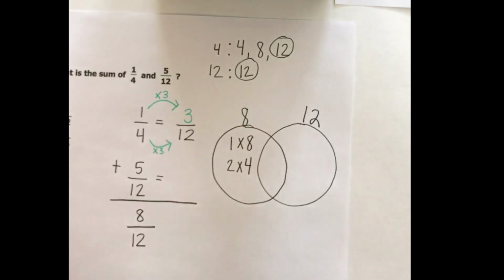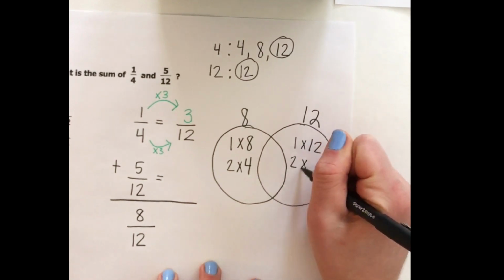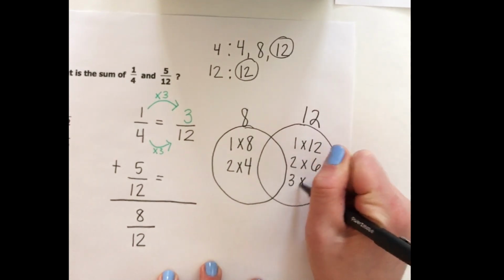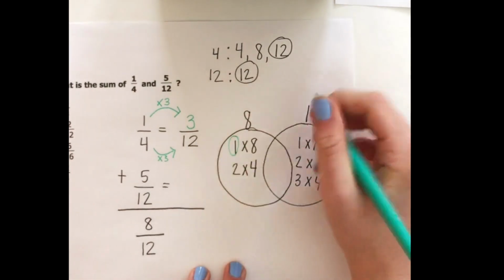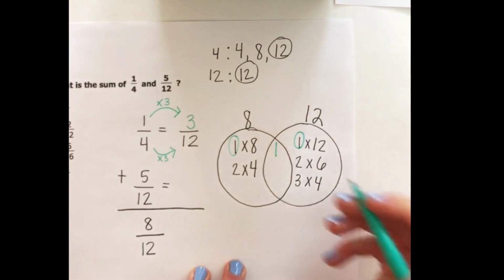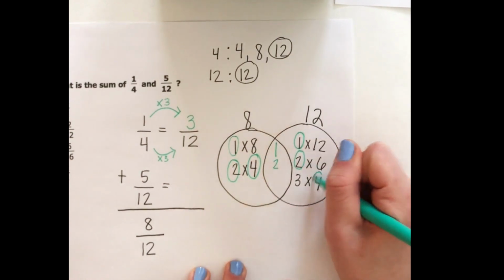And then we have 12. 1 times 12, 2 times 6, 3 times 4. And now we're going to look at the ones that they share or have in common. They share a 1. They share a 2. And they share a 4.